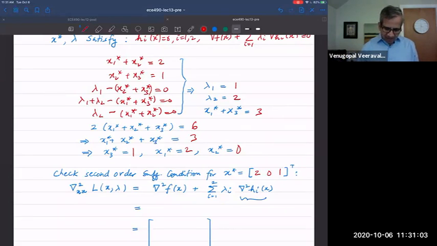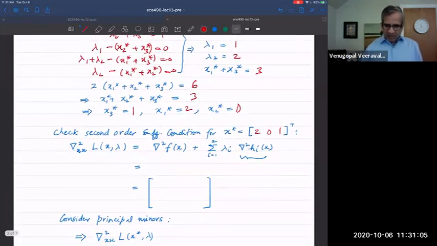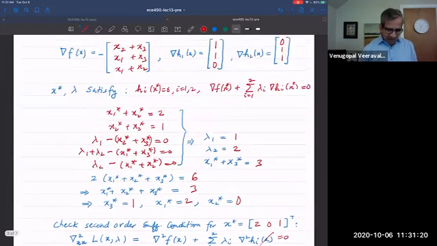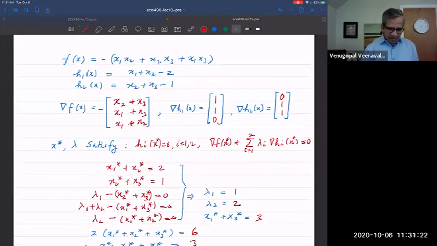Okay. So as we saw before, the Hessian of h_i is equal to 0. So all we have to check is the Hessian of F. But the Hessian of F is actually very easy to compute from the gradient. So the gradient is here. The first component is only a function of x2 and x3.